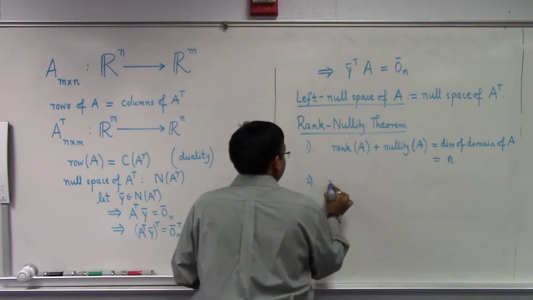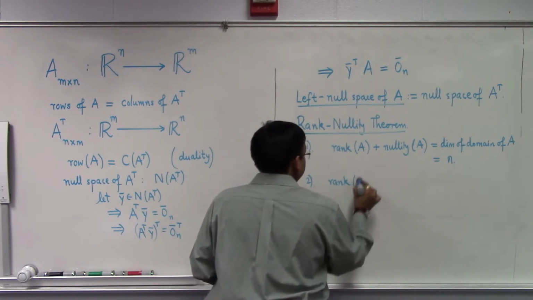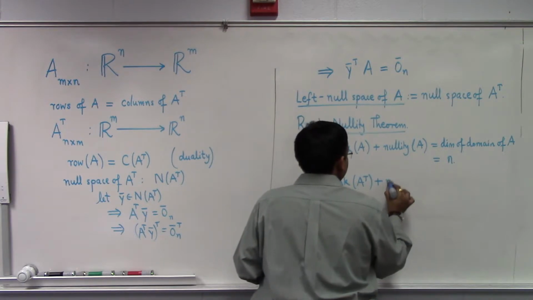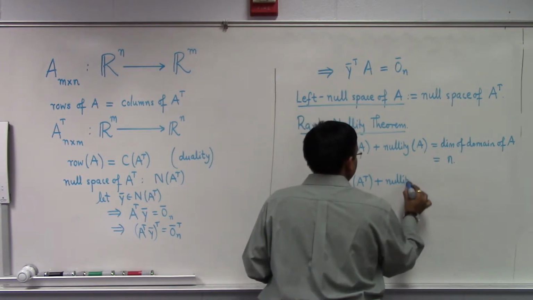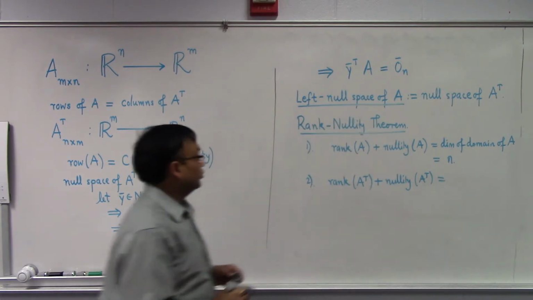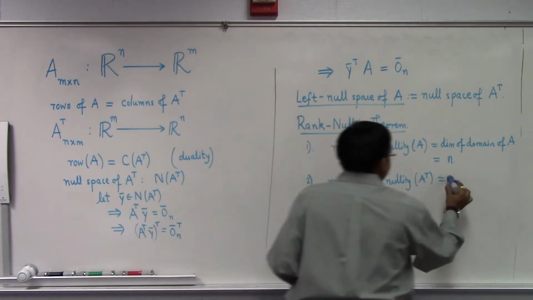But I can apply the same thing to A transpose. The rank of A transpose plus the nullity of A transpose should be the dimension of the domain of A transpose, which in this case turns out to be m.